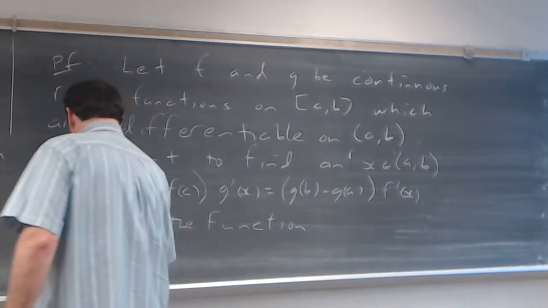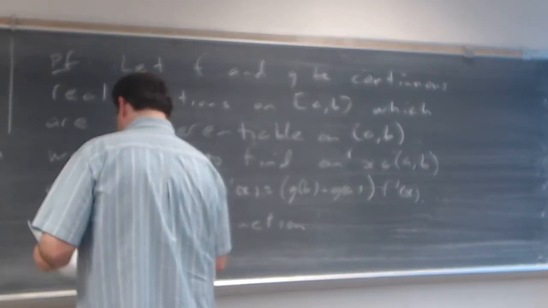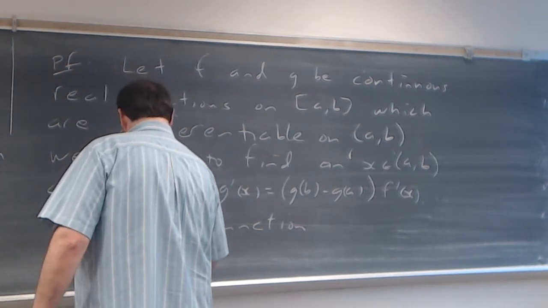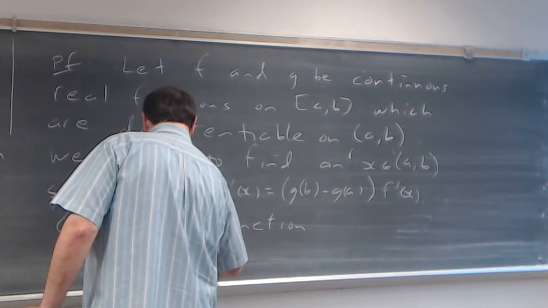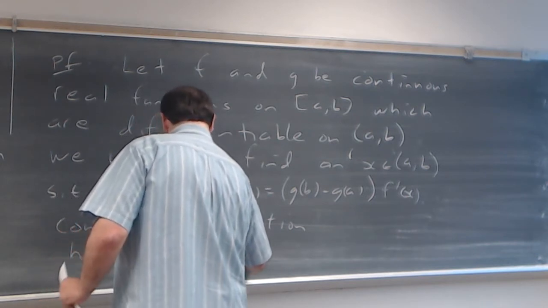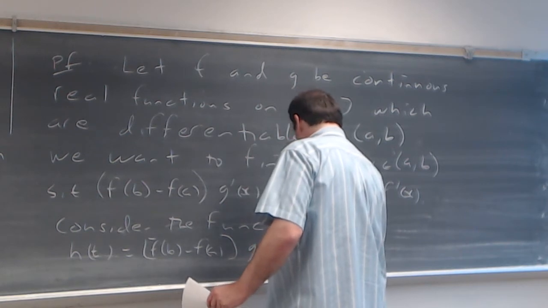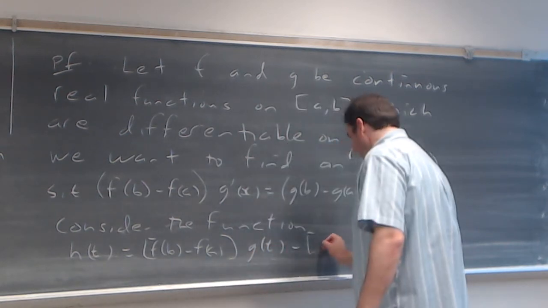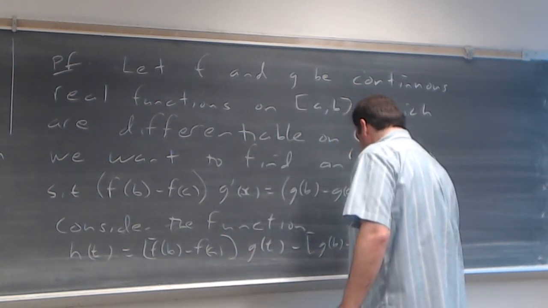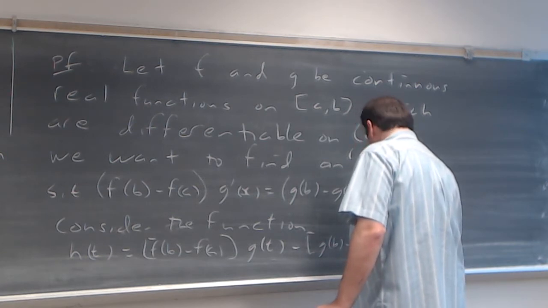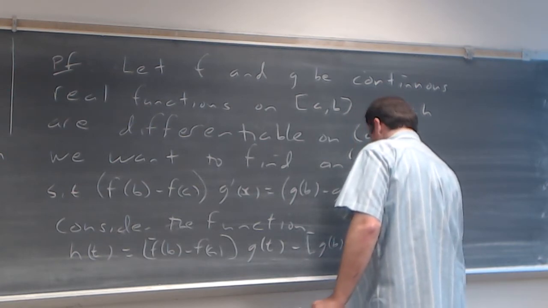We're going to consider the function h of t equaling f(b) minus f(a) times g of t, minus g(b) minus g(a) times f of t.